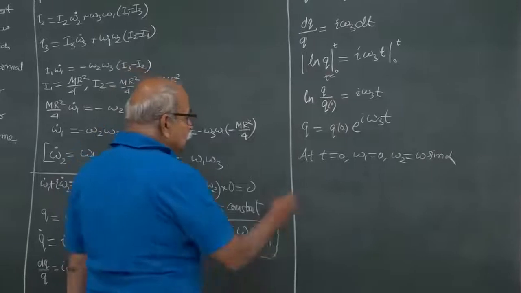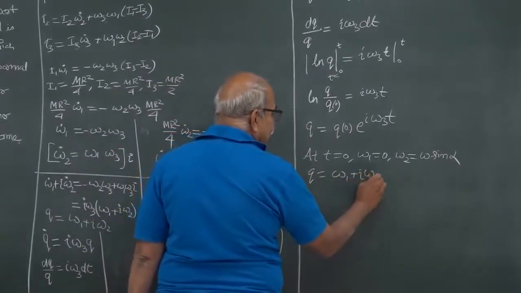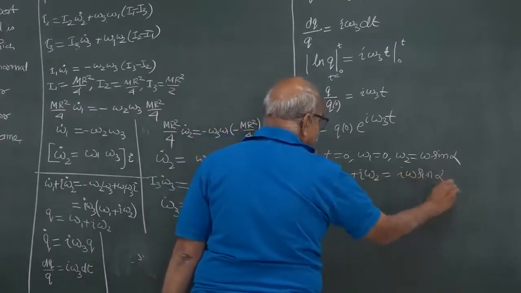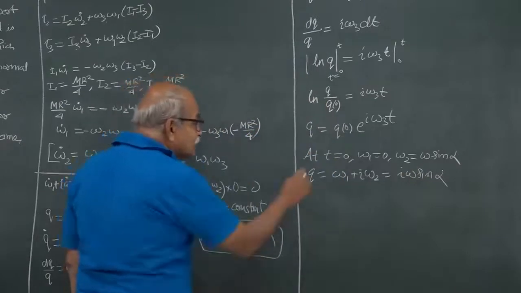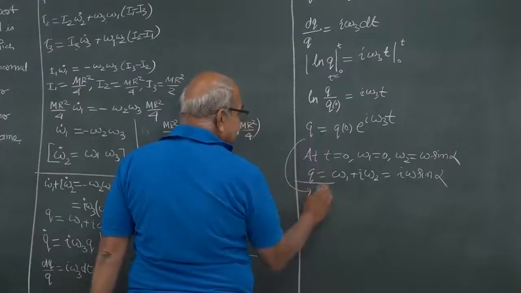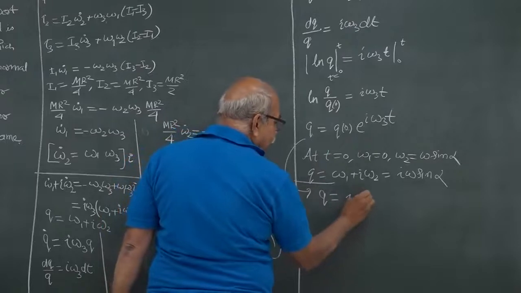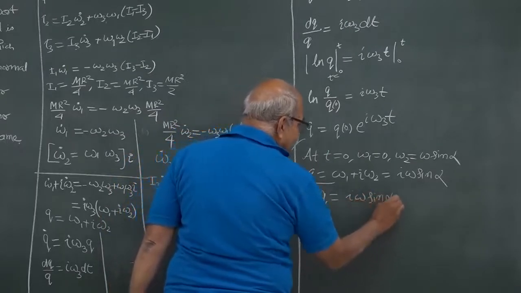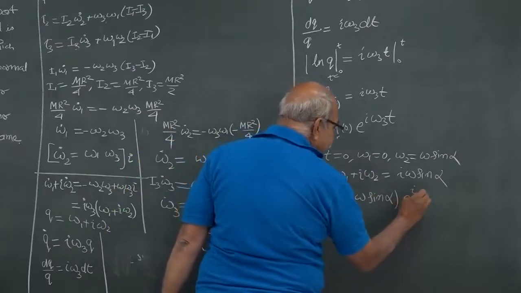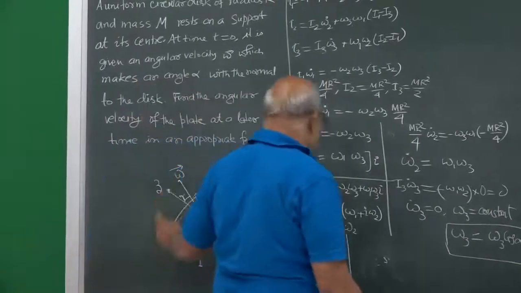All right. So, q is equal to omega 1 plus i omega 2, which is equal to i omega sine alpha. This is q at t equal to 0. Hence, q at time t is equal to q at time 0, which is i omega sine alpha, multiplied by e power i omega 3, and omega 3, in fact, we know is omega cos alpha.